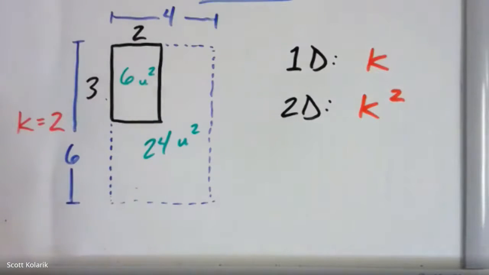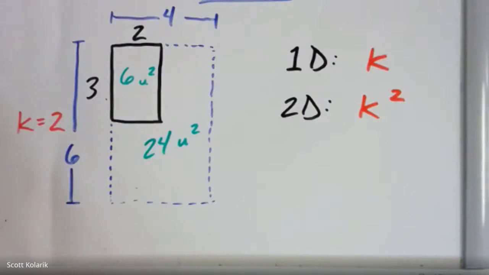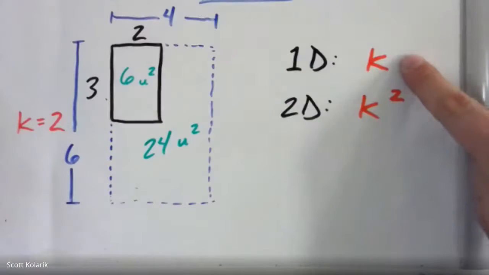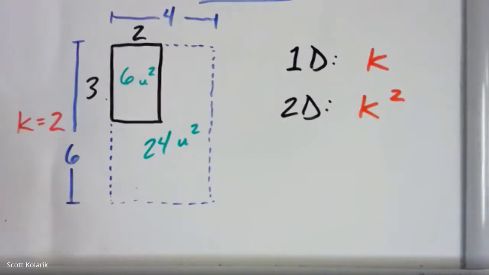So if I'm trying to figure out how much material to use to make a t-shirt for this doll, and I had figured out that your t-shirt was, say, 6 square feet of material, and I was doing a 1/5 version of that, then I would need 6 square feet times 1/25 of that. So where did that 1/25 come from? If it's a 1/5 scale, 1/5 squared would be 1/25.